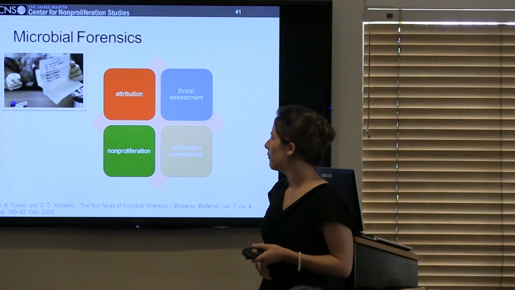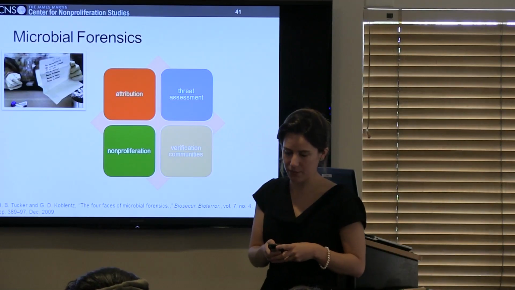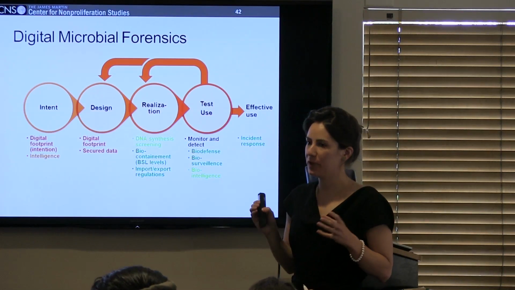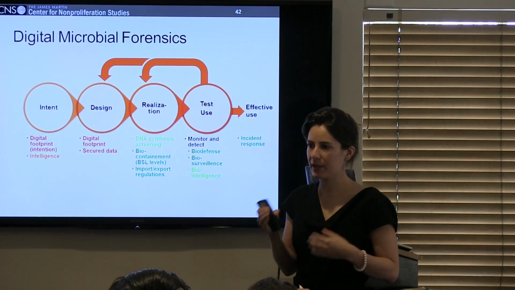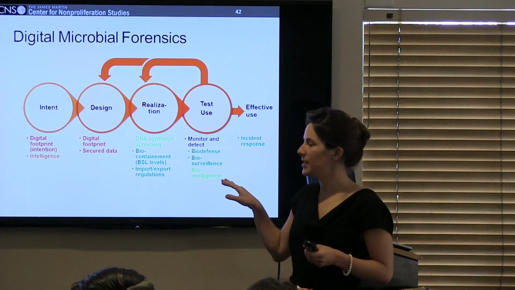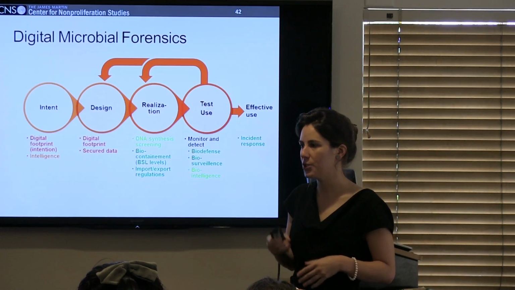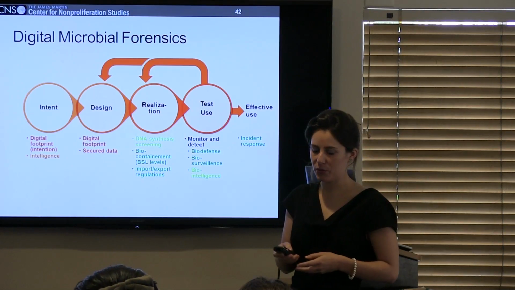But forensics can also be used for threat assessment, nonproliferation, as well as verification. So I think it would be worth thinking about what microbial forensics means in the digital world, and having an idea of the signature of the intent and the design of a biological weapon using these databases and these software tools that we have.